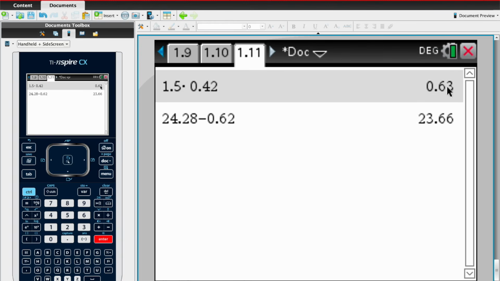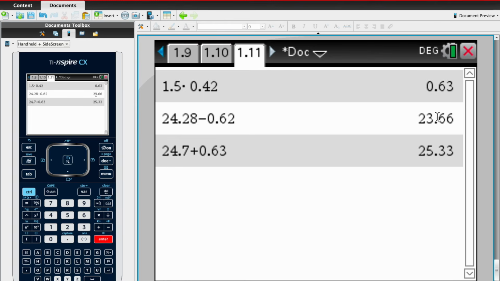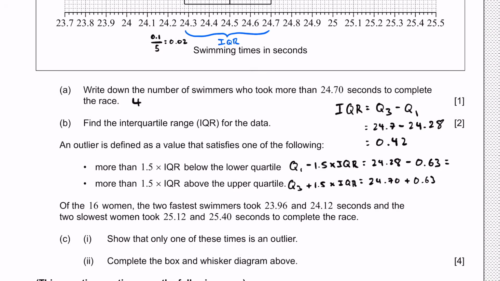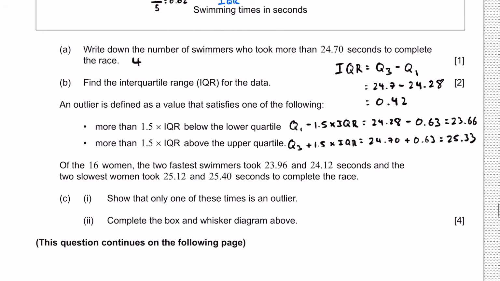And then the upper bound while we're here, 24.70 plus 0.63. All right, so anything below this value of 23.66 is an outlier. Anything above 25.33 is an outlier as well. So let's go back to the document and write these out. Lower bound, 23.66, upper bound, 25.33.